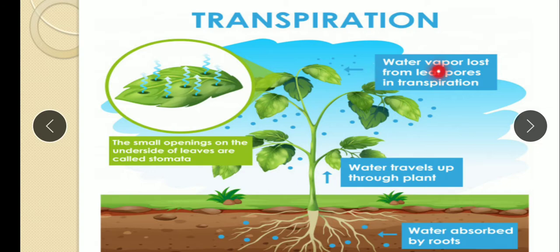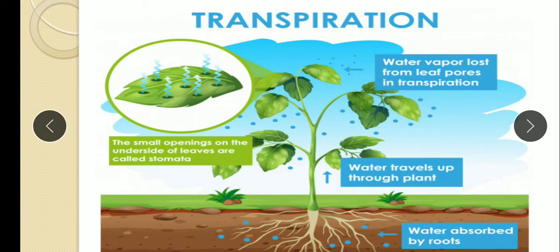So the loss of water in the form of water vapor through the stomata of leaves and other aerial parts is known as transpiration. Besides stomata, transpiration also occurs through lenticels, which are the tiny pores on the surface of stems, and the cuticle also, which is the waxy layer found on the leaves.